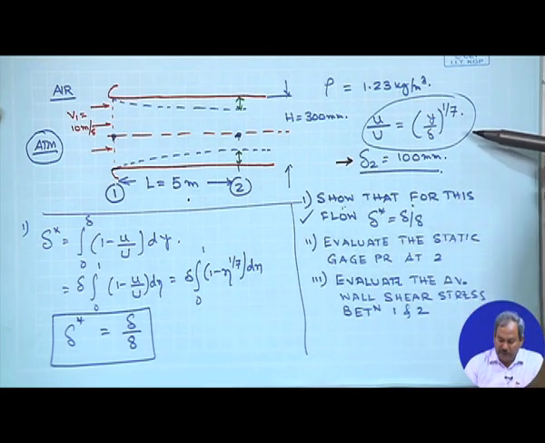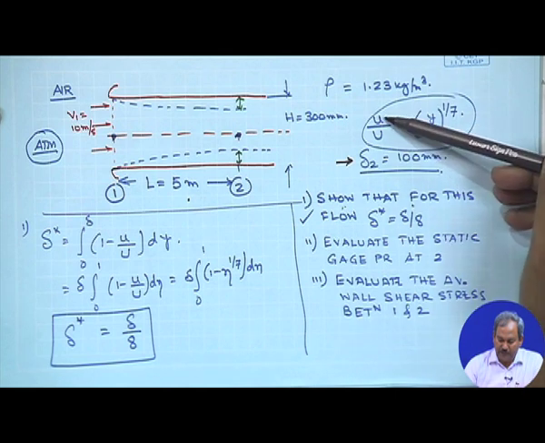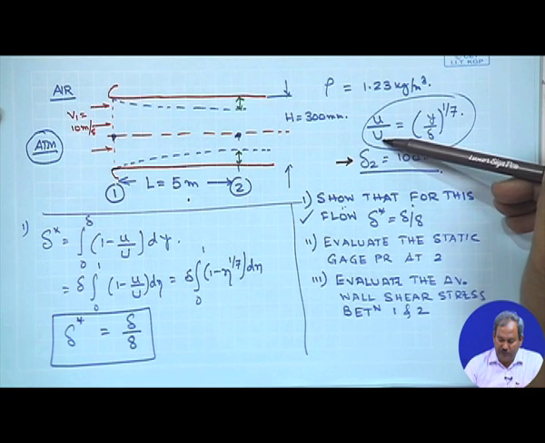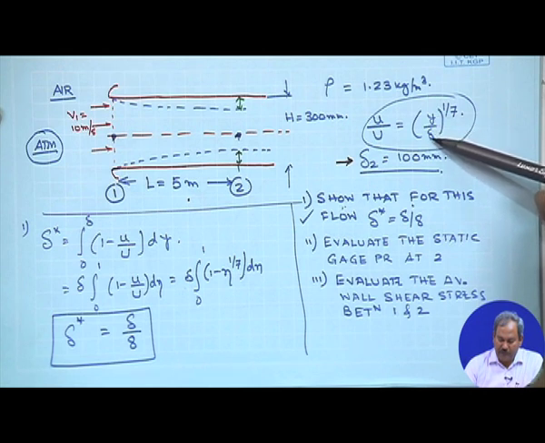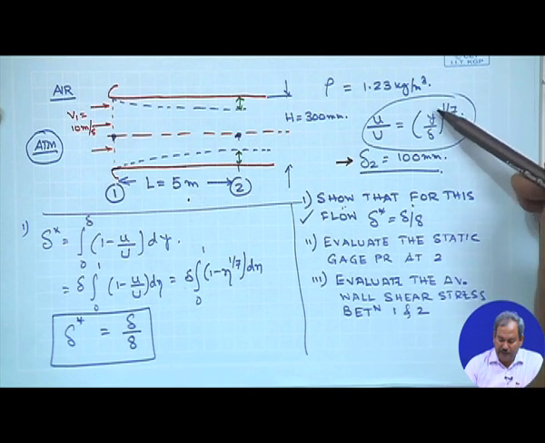It has been given that the flow velocity u inside the boundary layer is related to the free stream velocity U, the distance from the wall y, and delta, the boundary layer thickness at that point, through the 1/7 power law, which we know is quite good in fitting the experimental data in turbulent flow.